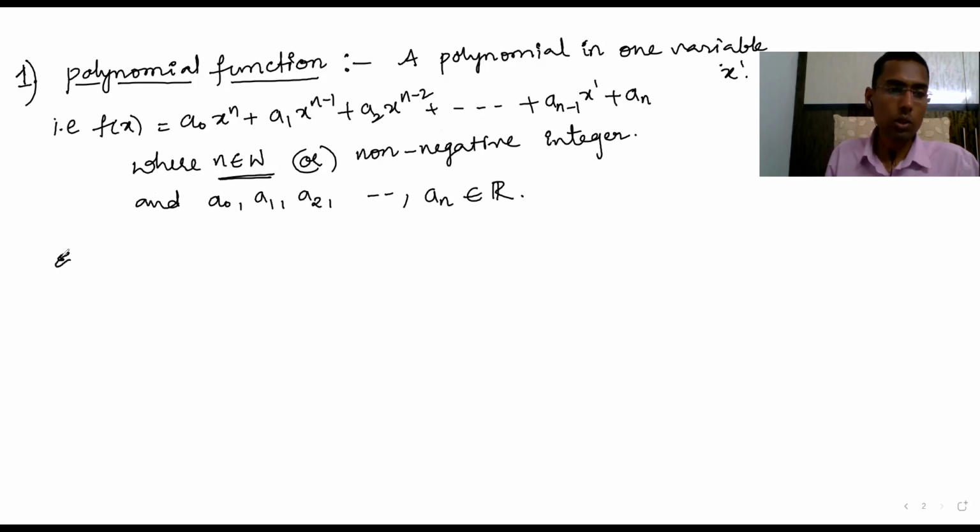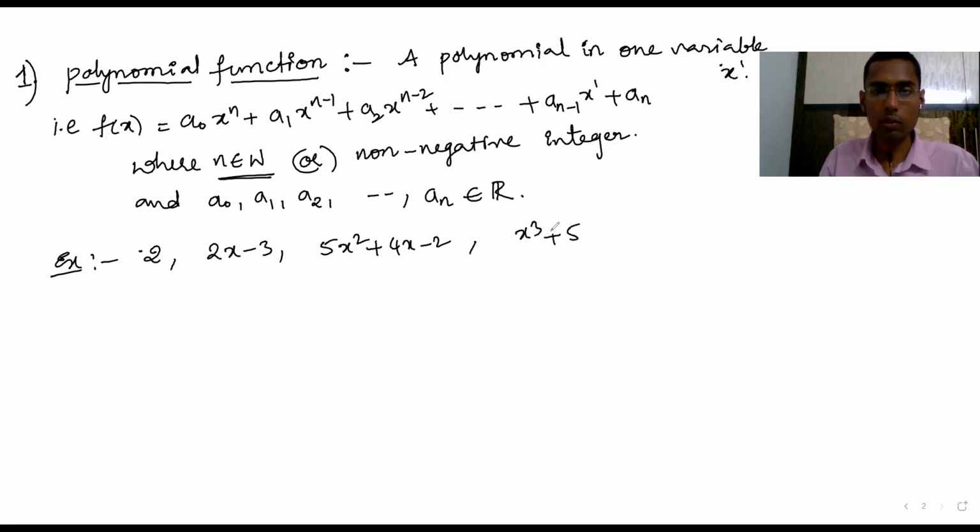Okay, this you can very simply see. For example, this is 2. I am writing 2 on purpose. This is also a polynomial function: 2x minus 3, 5x square plus 4x minus 2, x cube plus 5.